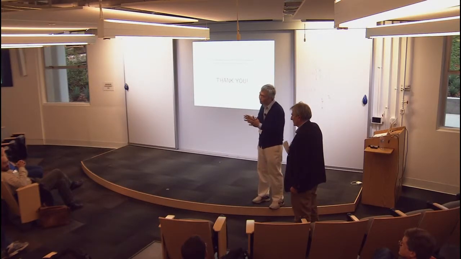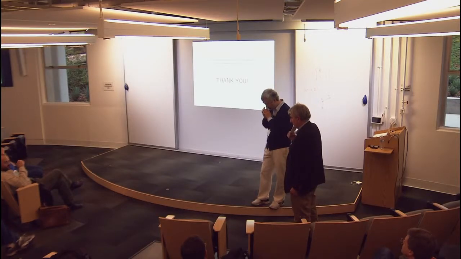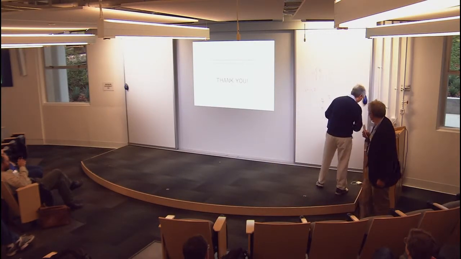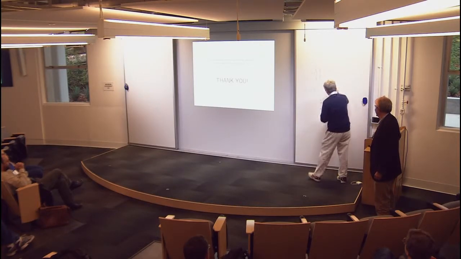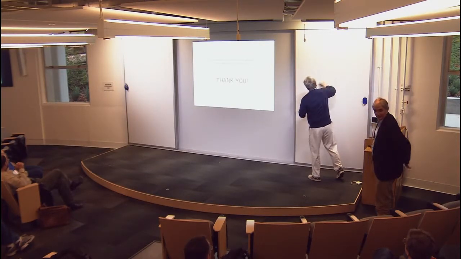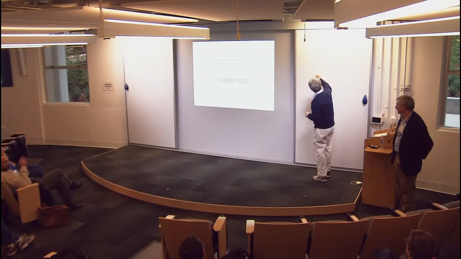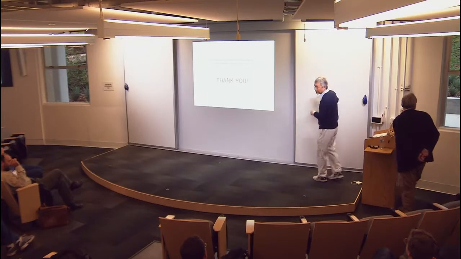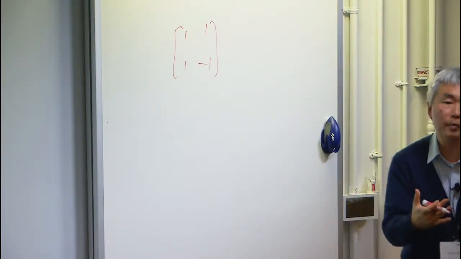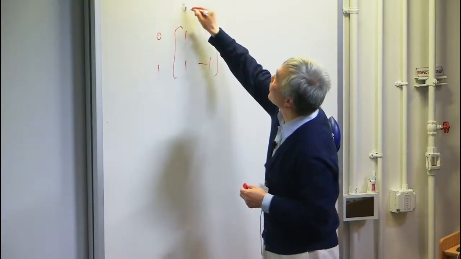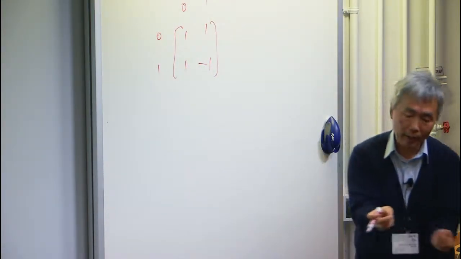But there are things that are very similar to that. For example, take the Hadamard matrix, the matrix which is 1, 1, 1, minus 1. That's your graph homomorphism problem. You're assigning 0s or 1s on every vertex and looking at every edge.